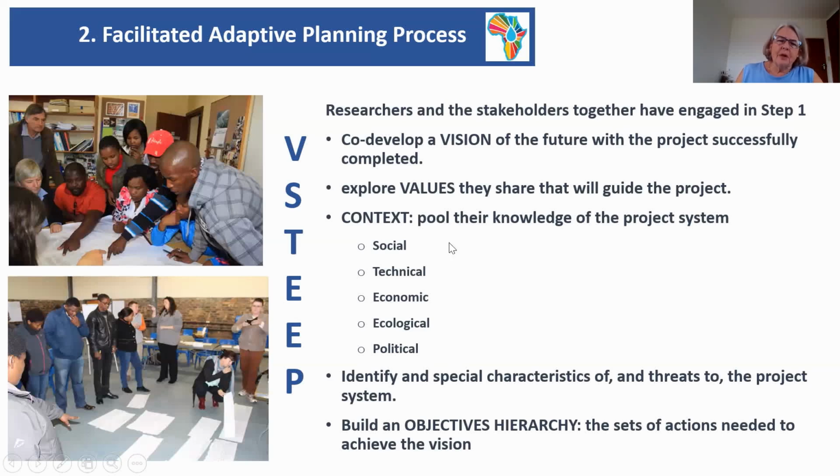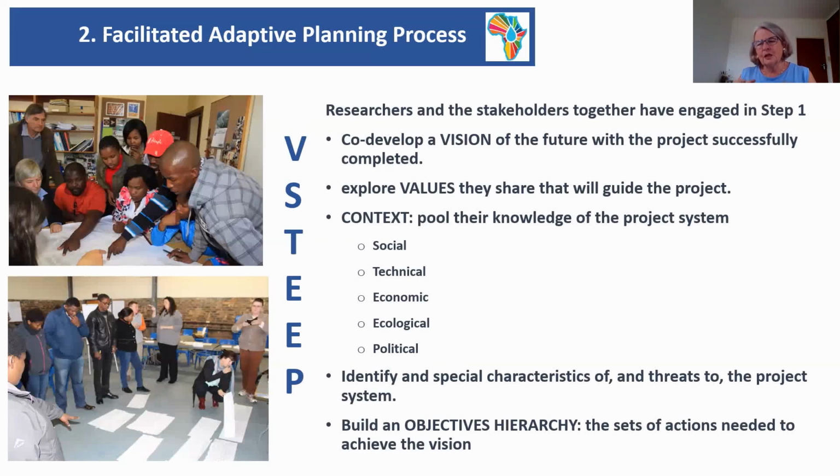So now we know something about our system. We have conducted V-STEEP, value, social, technical, economic, ecological, political analysis. Now, to guide us in building a set of objectives or sub-units of activity that will help us to get to the vision, first of all, we say, let's keep in mind the things about our system that we want to retain.